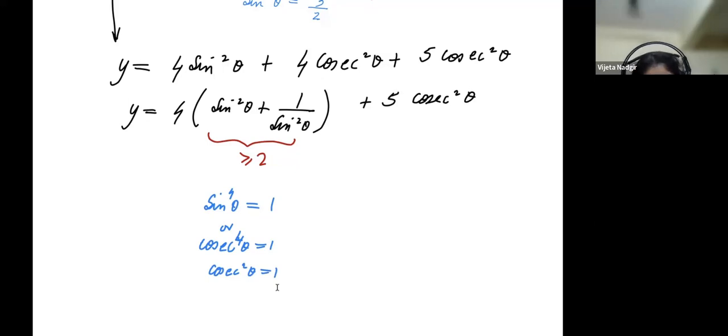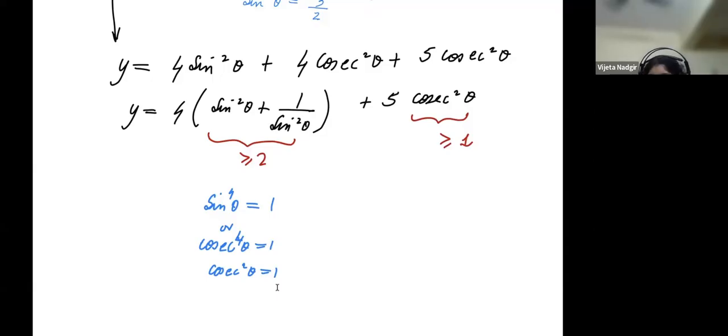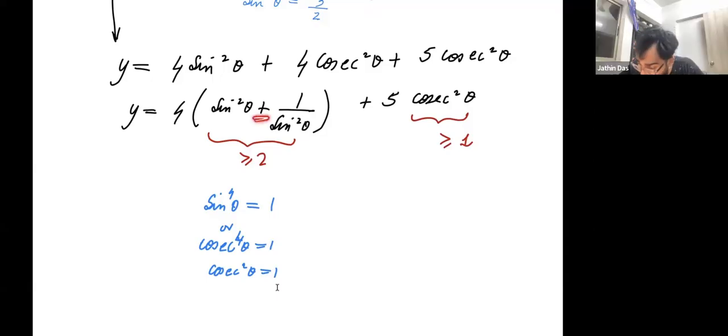That means because every angle is theta, when this is equal you get 4 into, because this is anyway greater than or equal to 2, and the range of cosec square theta is also greater than or equal to 1. So when this is equal to 2, this is exactly becoming 1. The same angle only.